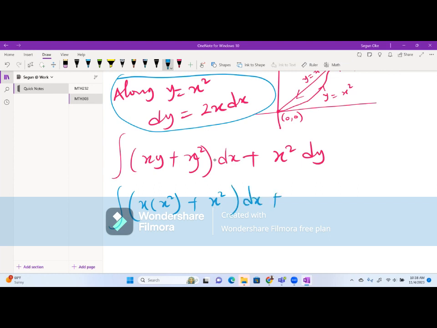dx plus s squared. You know we have the y. Substitute the y. 2x dx. So I can open it. I know the integral portion of this one will be 0 to 1 based on what I was given, because I know the path is 0 to 1.